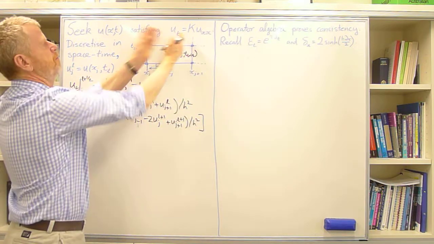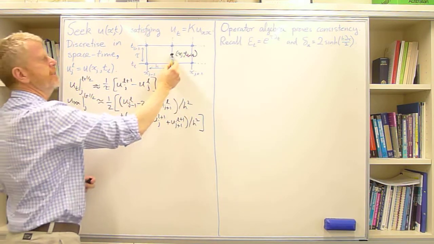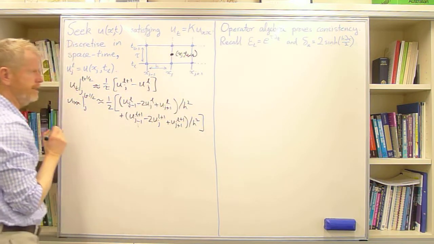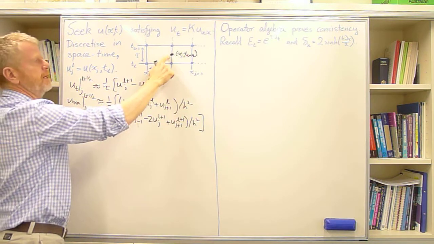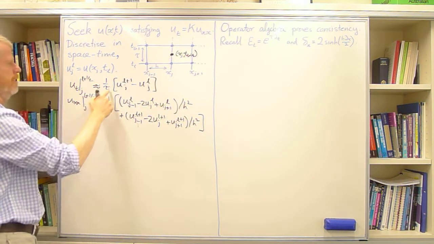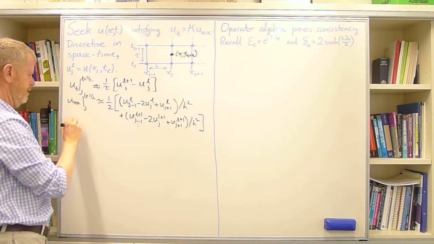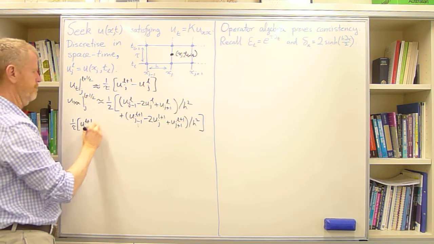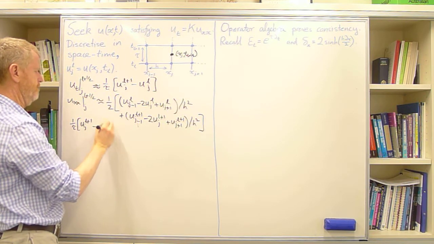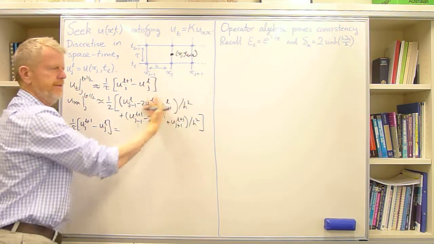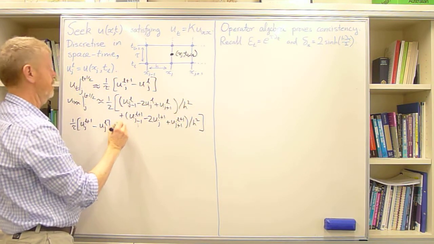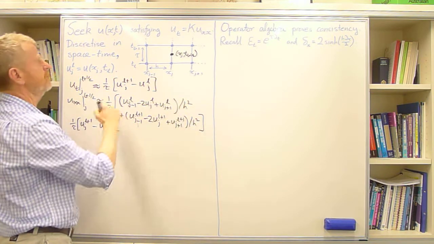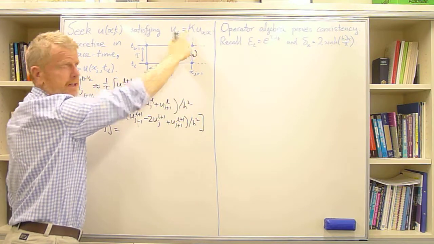Okay. Put that into the differential equation, and that's evaluating the PDE, or approximating the PDE at that point. So the left-hand side is 1 over tau times u_j^(L+1) minus u_j^L, and the right-hand side is this, with a common factor of 1 over h squared and that factor of k.